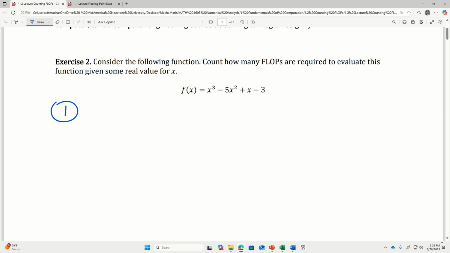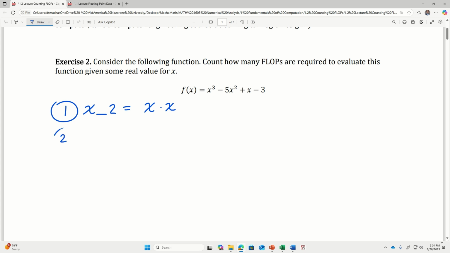I'm going to calculate a variable that I'm going to call x squared, and I'm going to calculate that by multiplying x times x. Okay? And that's one flop. I know that there's 2 x's involved, but there's only one multiplication happening, and so this counts as one flop.